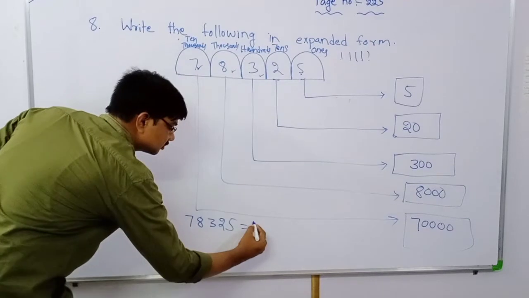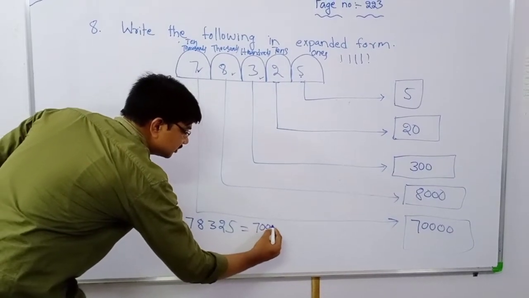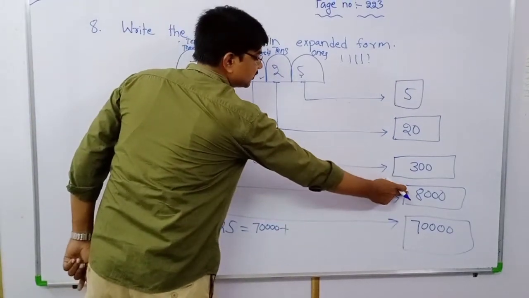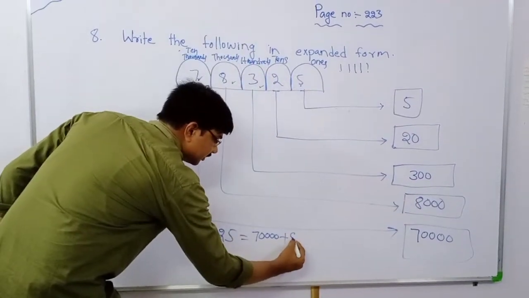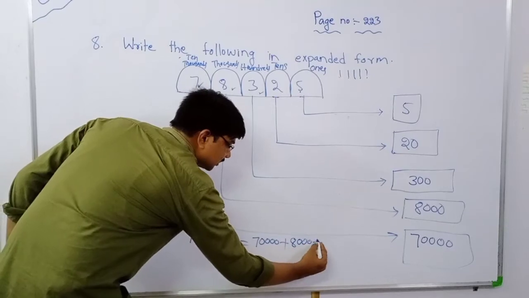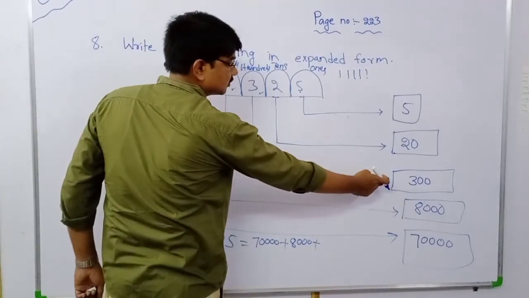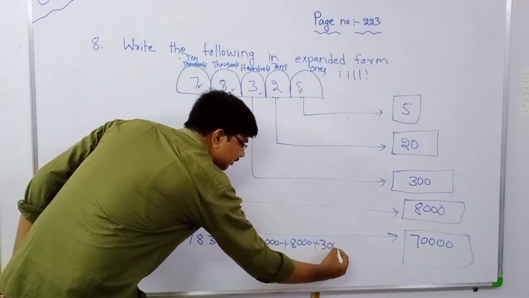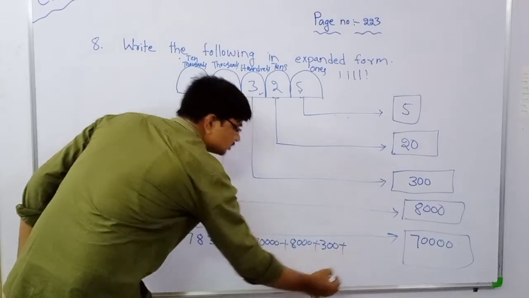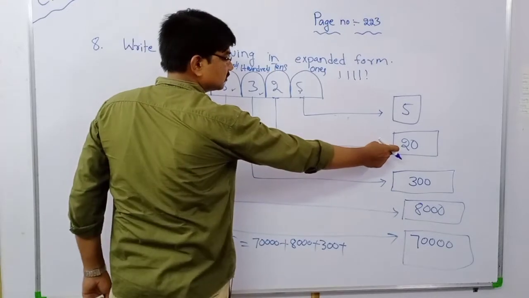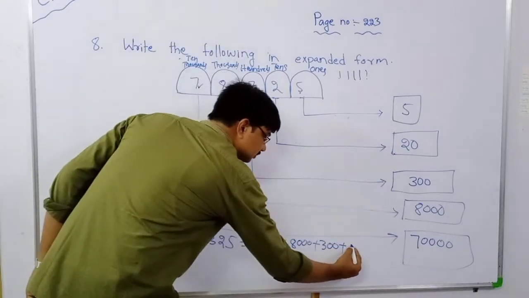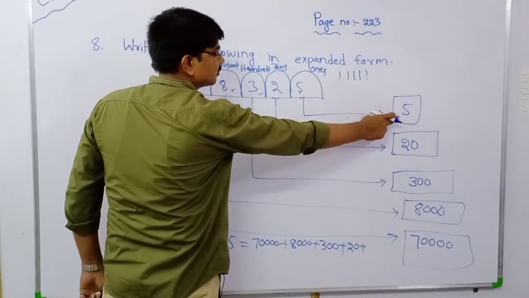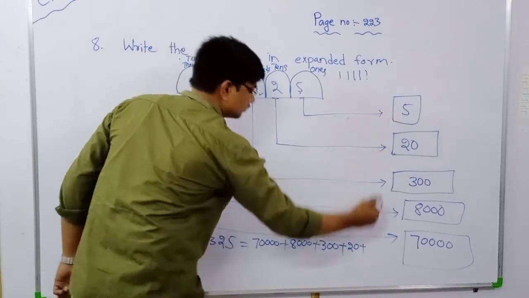First 70,000 plus what is here? 8,000 plus what is here? 300 plus what is here? 20 plus finally what is here? 5.